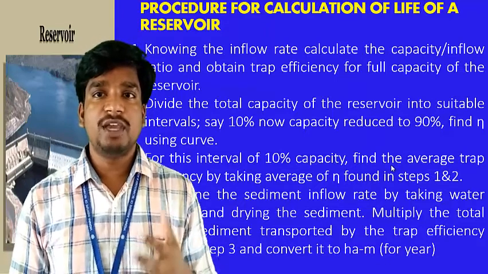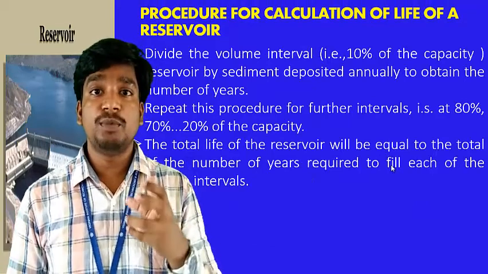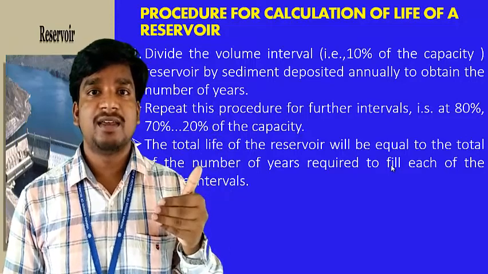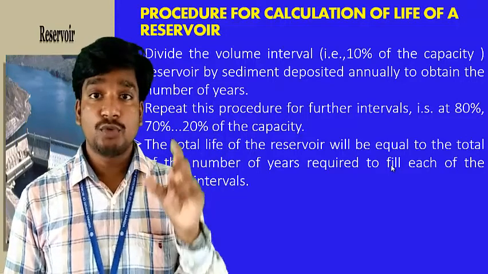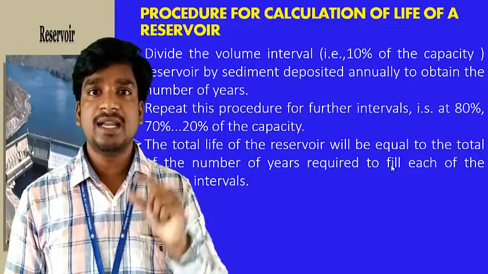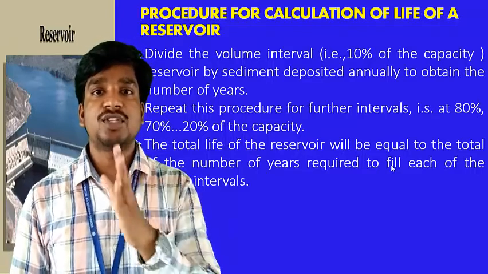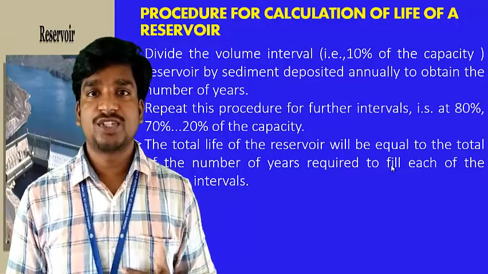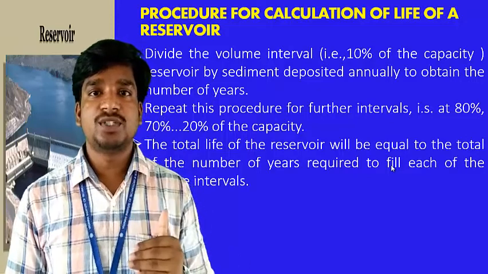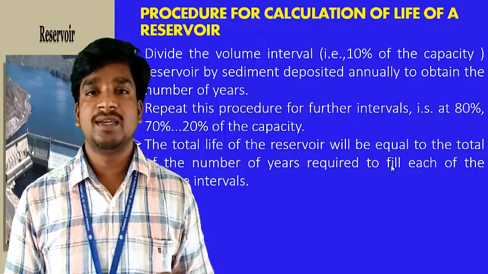Now in the next step, we need to divide the volume interval. What is our volume interval? We have assumed a 10% interval, that is, 10% of the storage is reduced. For that 10% interval, the volume of water is divided by the sediment deposited annually, which is denoted by ST. After dividing the volume interval by the sediment deposited ST, we get the number of years.